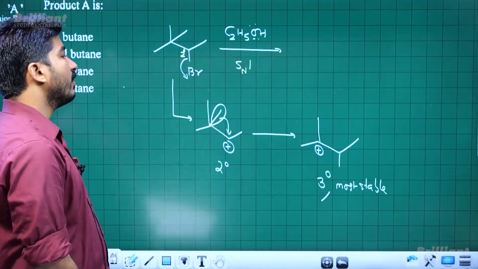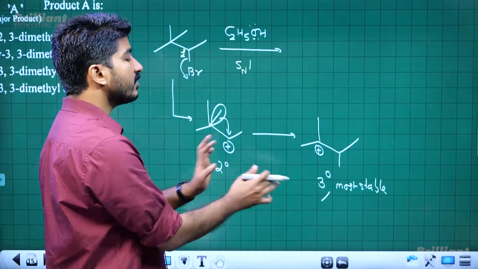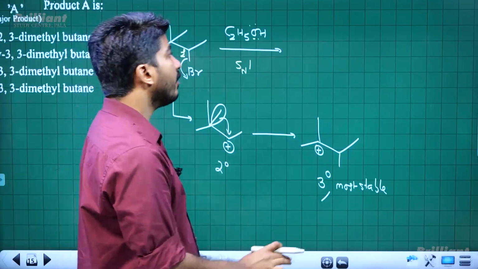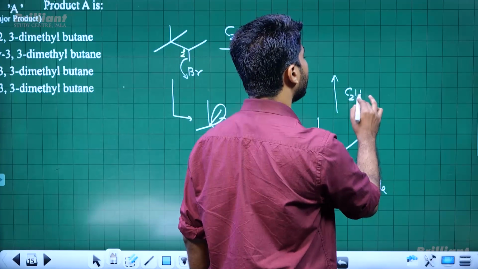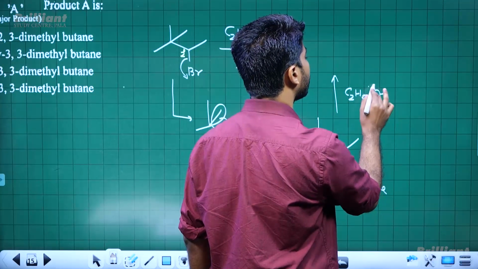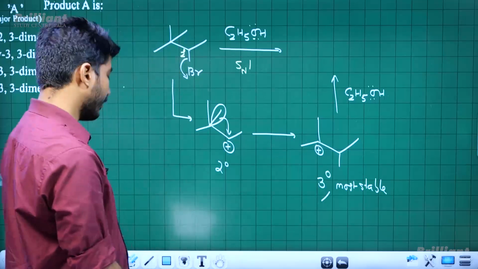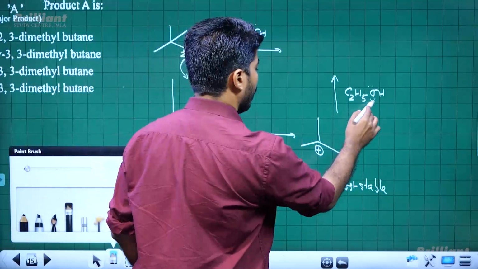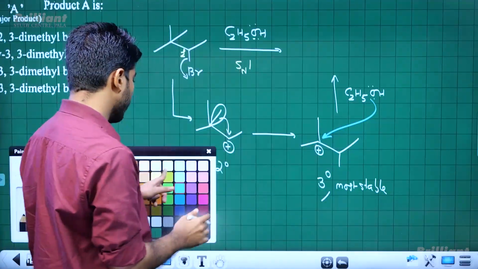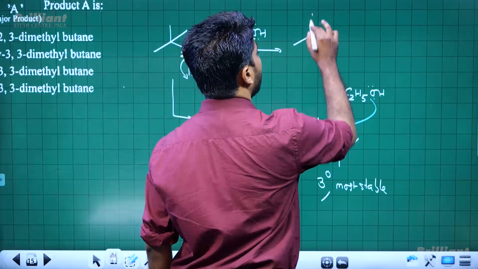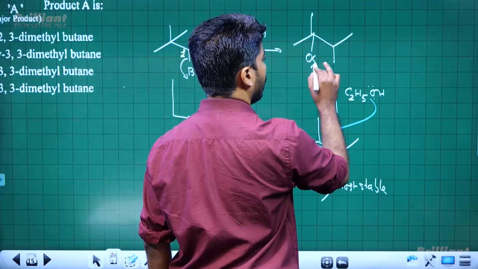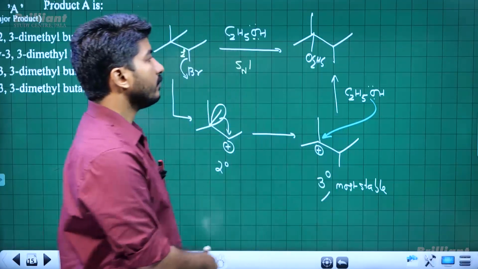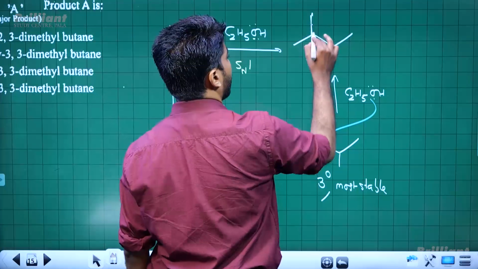Okay, SN1 it is, loss of leaving group happened, stabilization of carbocation occurred. Now the nucleophile is our solvent itself, C2H5OH, and it attacks here. We get an ether, like this. This ether is the product.